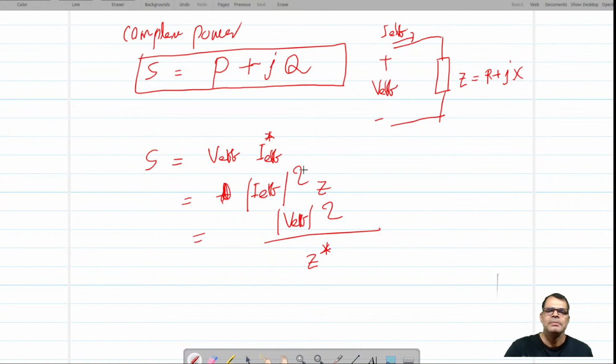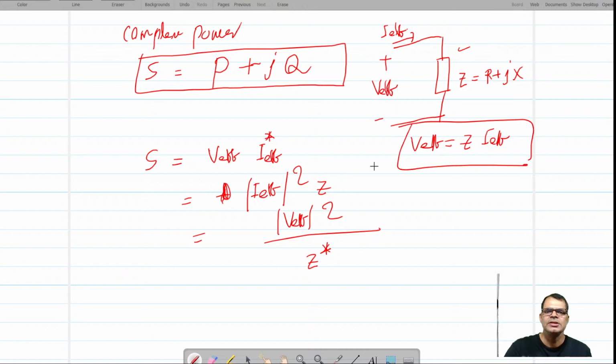By these relations you can very well write from this equation, because V effective is equal to Z into I effective. Simple relations. Just put this value here and you can easily get all the other relations.